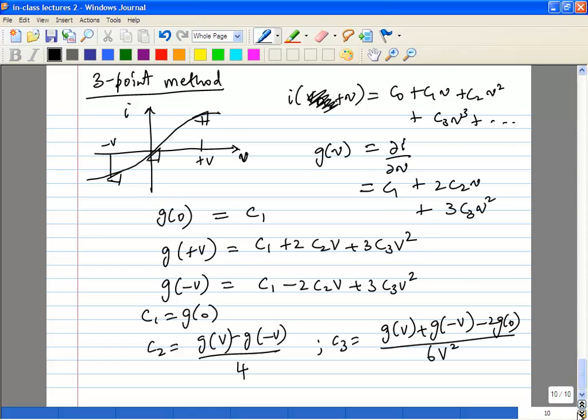Now what do you know about your IIP3? You already know if you have something like this, your IIP3 is 4/3. In our previous case we used alpha, in this case I use C because you're doing current versus voltage, but yeah, you know it's 4/3 alpha 1 over alpha 3. Okay, so it's 4/3 C1 over C3.